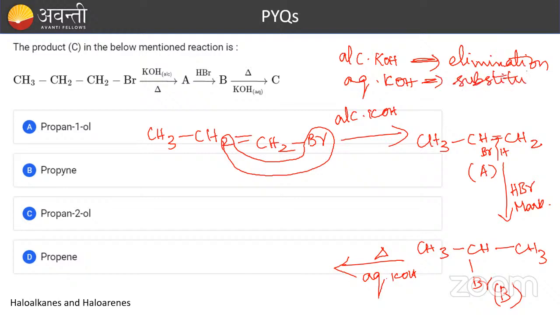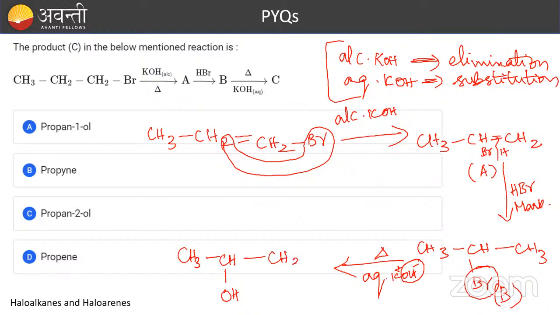So substitution will occur for aqueous KOH. So we have K plus and OH minus. OH minus is the nucleophile. So the Br will be substituted by the OH nucleophile. So we will get CH3, CH, OH and CH3. Okay. So this is the final product C.